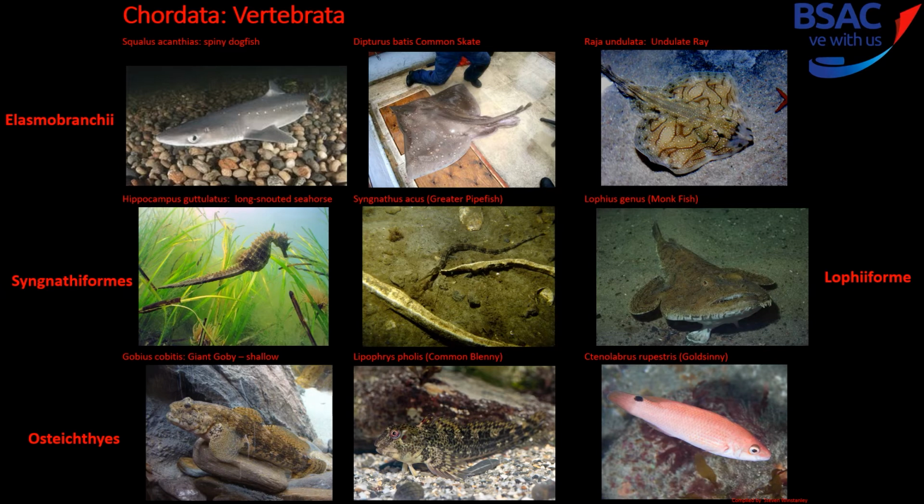Syngnathiforms. These fish have elongated narrow bodies surrounded by a series of bony rings and small tubular mouths. The shape of their mouth allows for the ingestion of prey at close range via suction. Several groups of syngnathiforms live among seaweed and swim with their bodies aligned vertically to blend in with the stems.